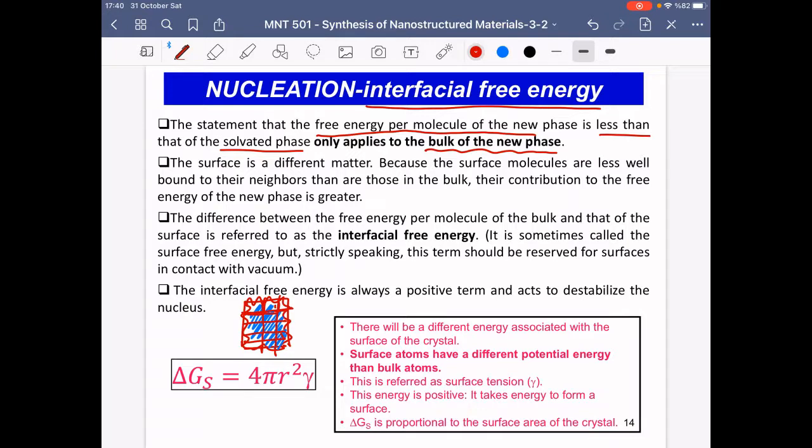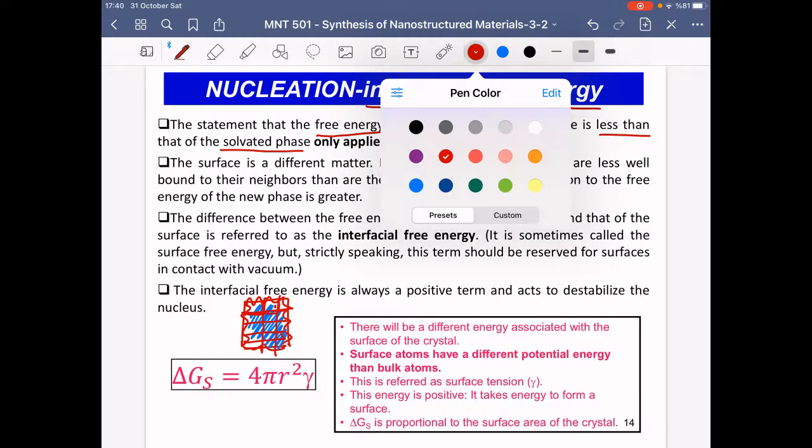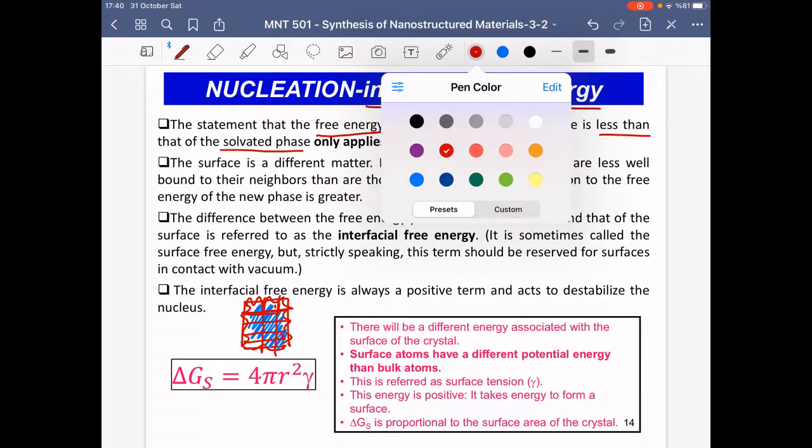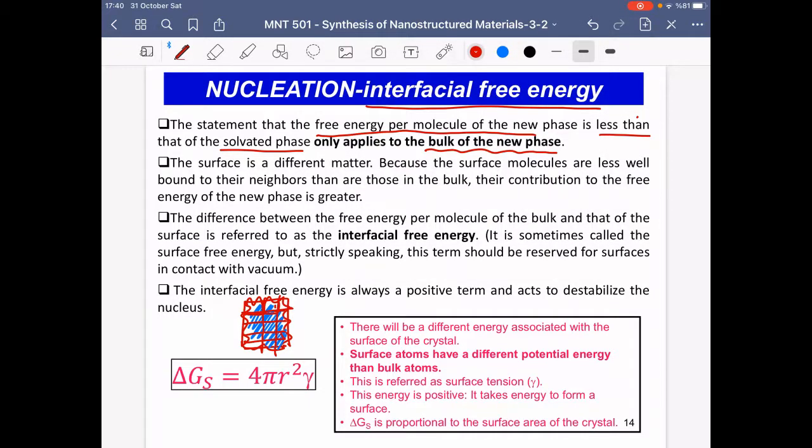So bulk is the blue color and surface is the red color. The free energy per molecule only applies to the bulk of the new phase, and the surface is a different matter because the surface molecules are less well bound to their neighbors than are those in the bulk. Okay, this is very important.